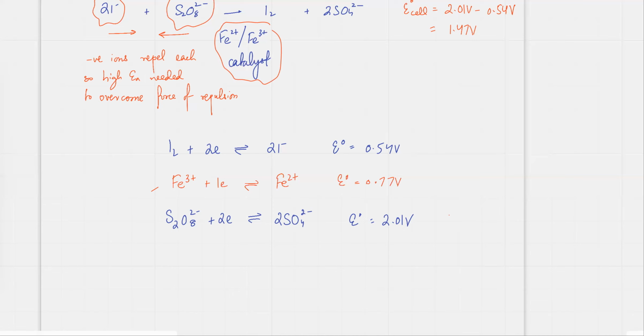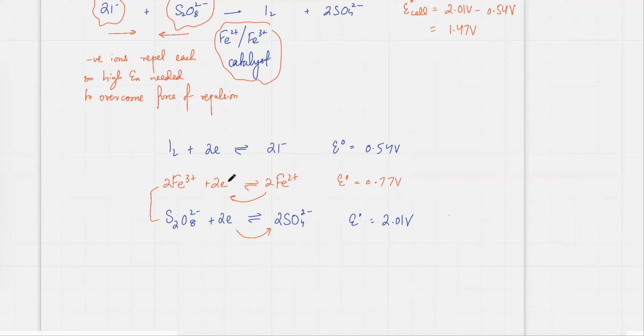If I make this equation, this is the higher potential and this is your lower potential. And I'm going to multiply Fe by 2 so that the number of electrons gained and lost are equal. So anyways, you have a lower potential and you have a higher potential. This electrode would go and react with the Fe electrode.